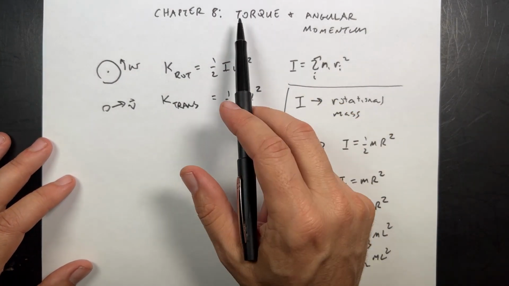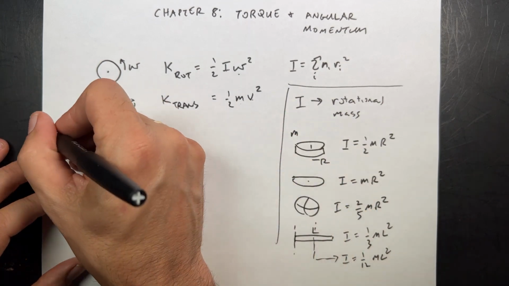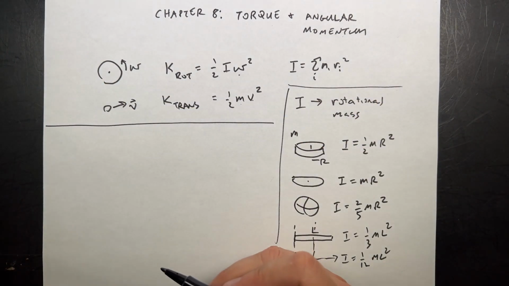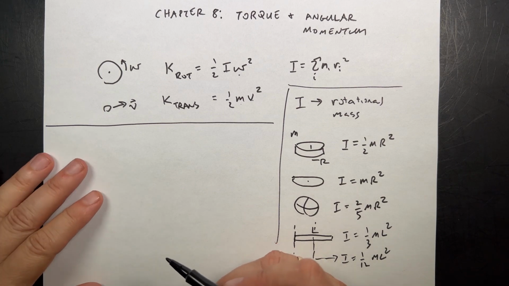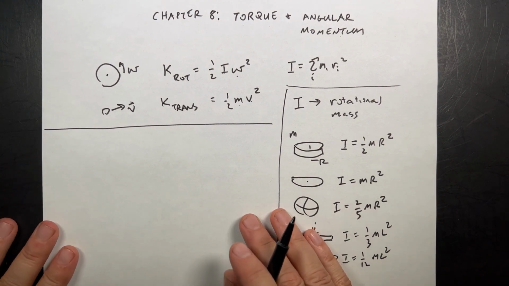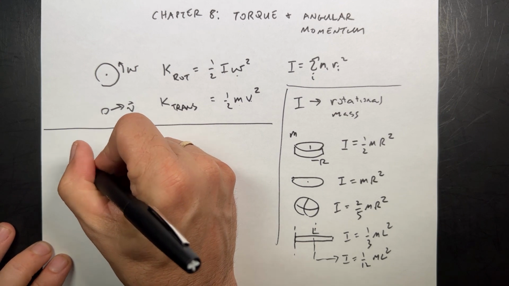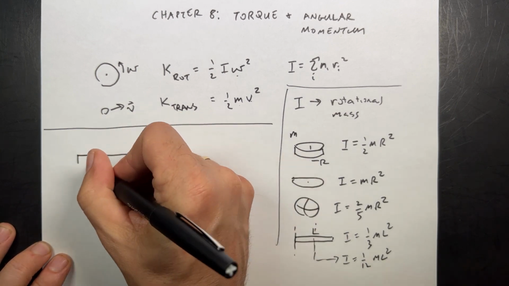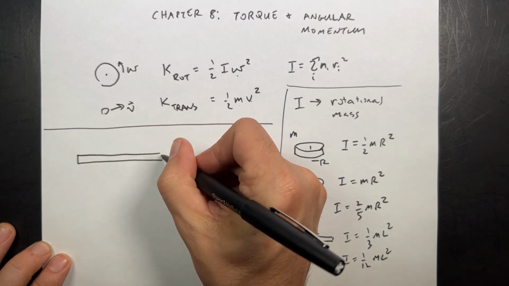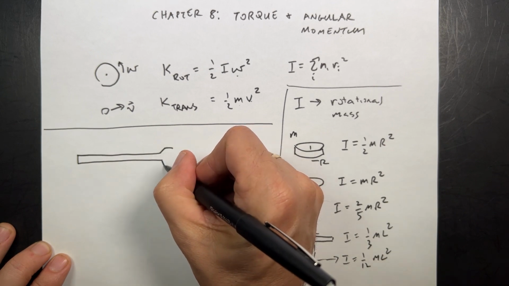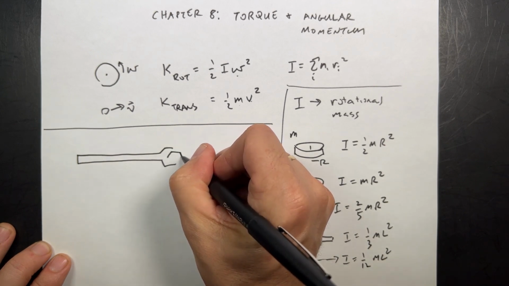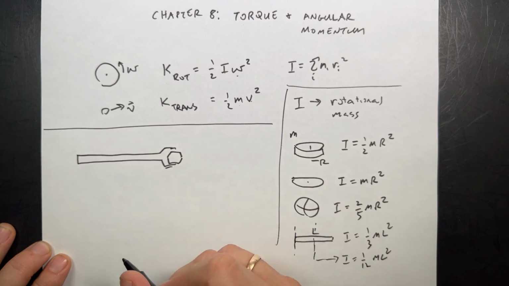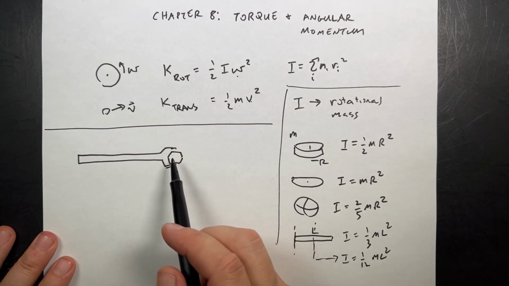Torque and angular momentum. Torque. This one's big. And even then, the book lies. It's fine, because real torque is actually a little bit more complicated. But if you get a wrench, I'm trying to draw this, and you want to rotate that bolt.